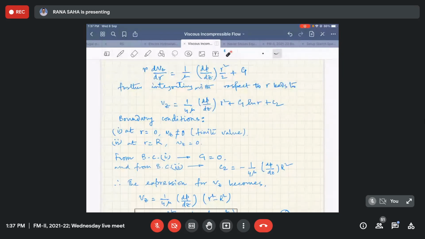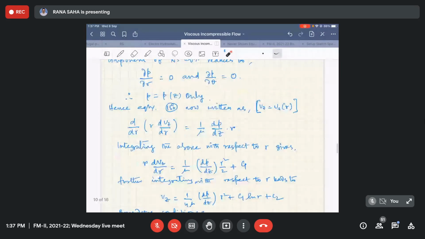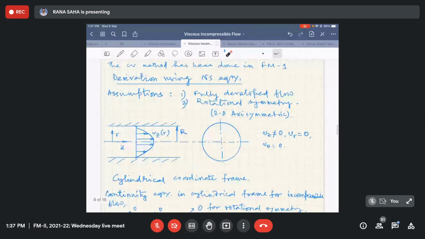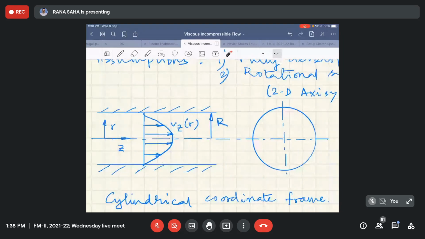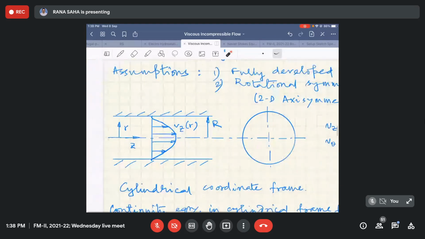The boundary conditions you have to know, and for the chosen situation, here you can see what we have chosen. Again, coming back to this figure, at the axis we put our reference frame. So that means that at r equals 0, you are not going to have Vz equals 0.